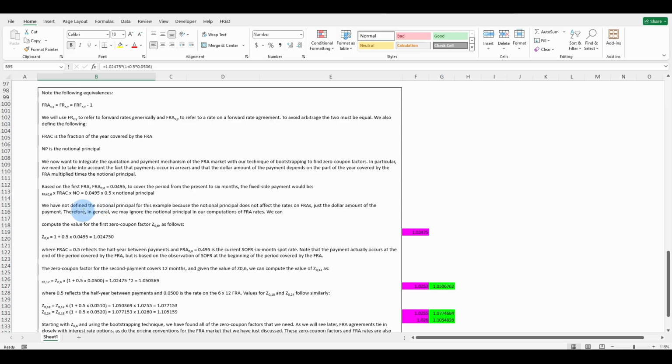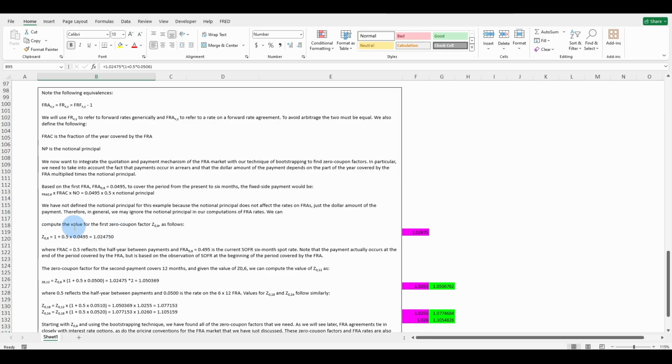We have not defined the notional principal for this example because the notional principal does not affect the rates on FRAs, just the dollar amount of the payment. Therefore, in general, we're going to ignore this notional principal in our computations of FRA.